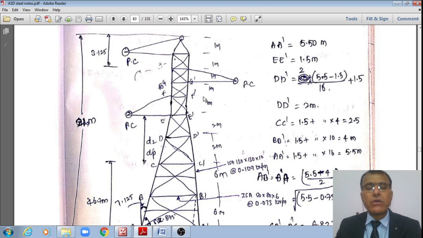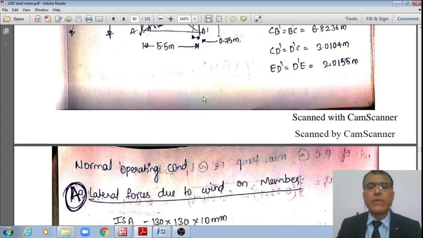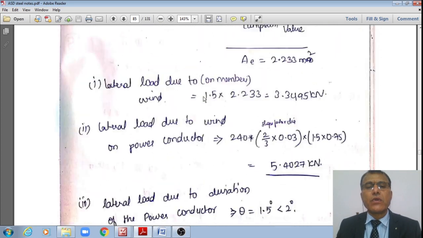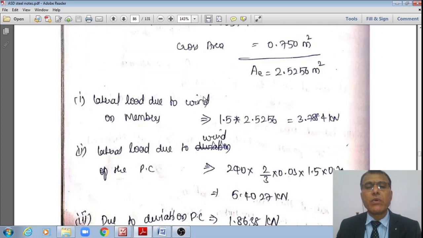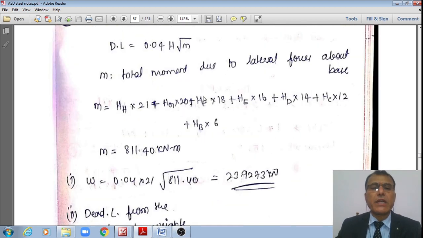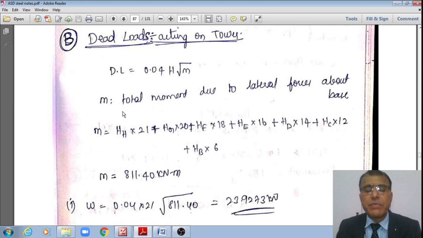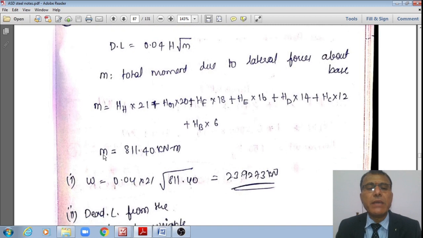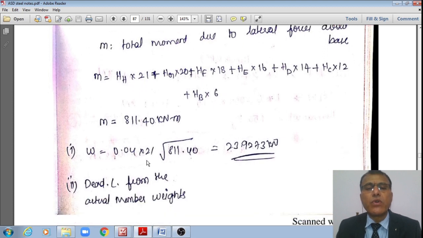This is equal to all the clockwise couples, the overturning moments. Now I get the overturning moment M by substituting the different numeric values, because by this time I already calculated all these forces in the previous sessions, students. Substituting all these, the overturning moment M about the base is equal to 811.40 kilonewton meter.